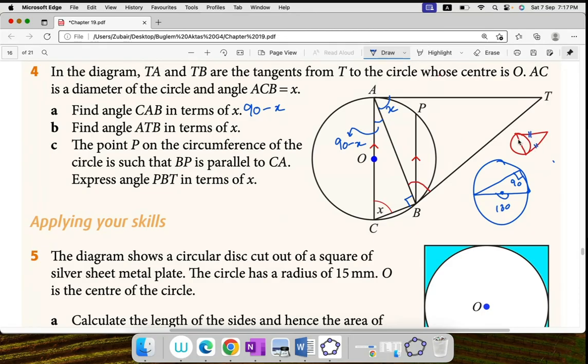And the question you just asked today, these two angles are also equal. So TBA is also X. Why so? Because TA is equal to TB. It is isosceles. So the answer is 180 minus 2X? Yes.